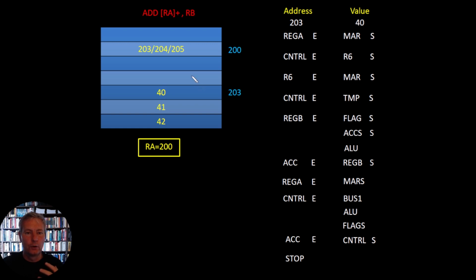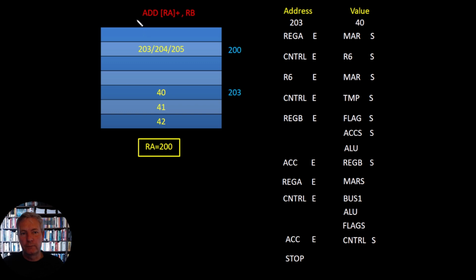So that's how we're going to do that, but there's one other thing that we have to do at the end, and this is the post increment. In the post increment, we're going to add 1 on to the contents of this memory location. So we're going to change the value 203 to 204.